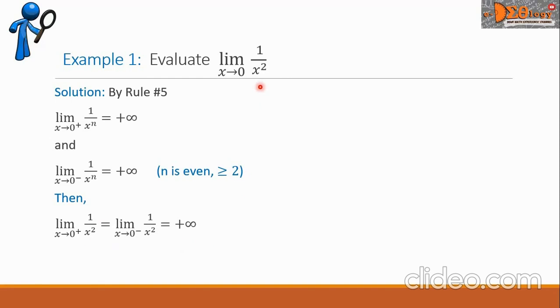Since our problem here is a two-sided limit, we can write now the limit of 1 over x squared as x approaches 0 equals positive infinity. Let us note this answer in here.